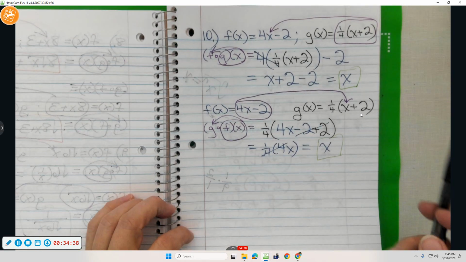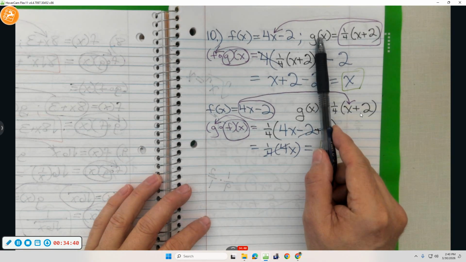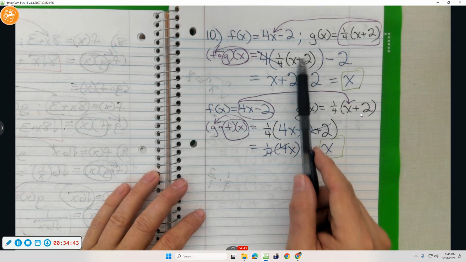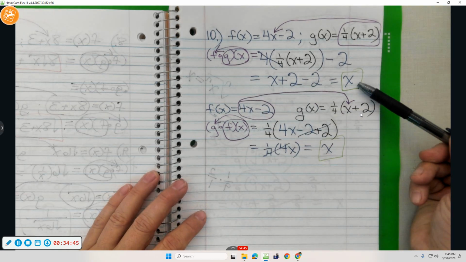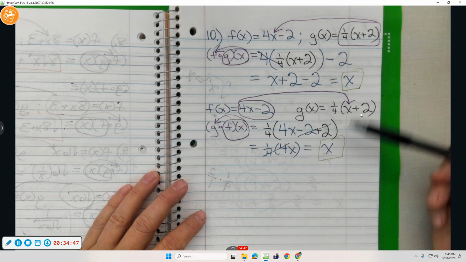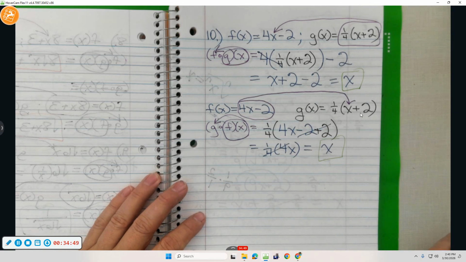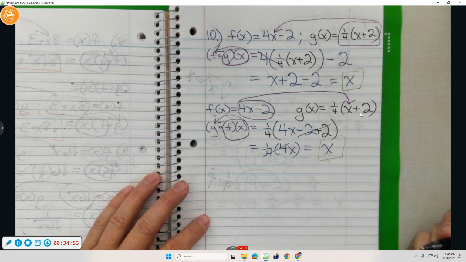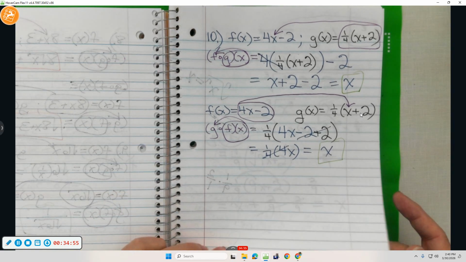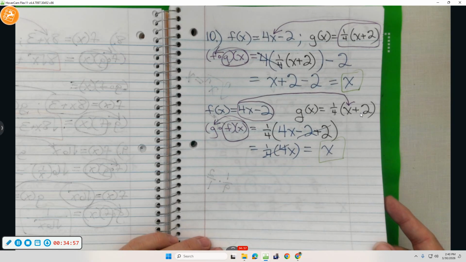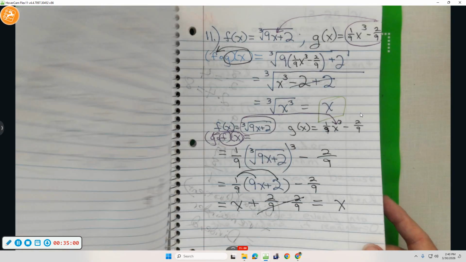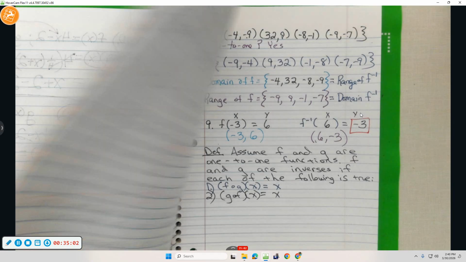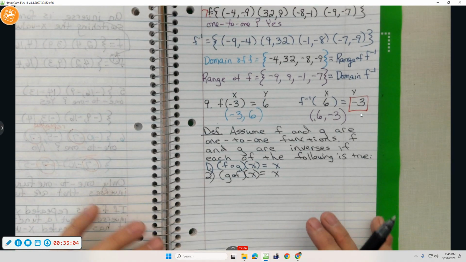This one's neater. They gave us two functions. We found their compositions, and in both cases, everything canceled out except for x. And I said that we'd get to a point where we'd be calling those functions inverse functions, and we're now at that point.